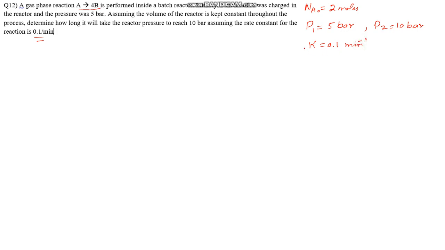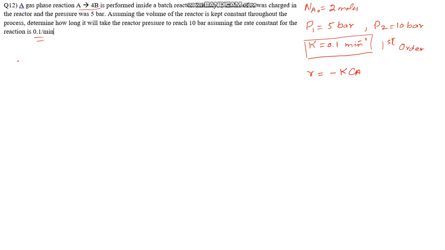If you see the units, whenever the rate constant is per unit time, it is a first order reaction. So for the first order reaction, rate is equal to minus K Ca.